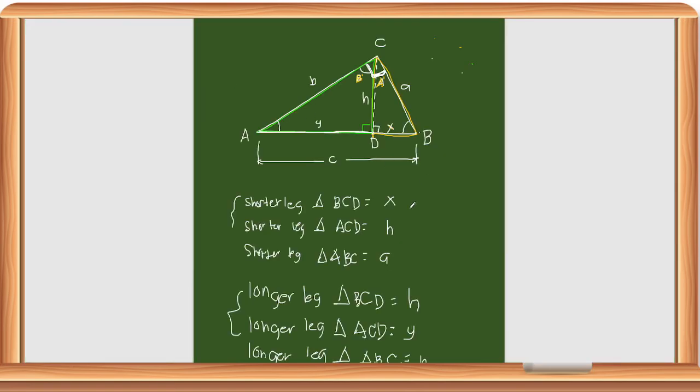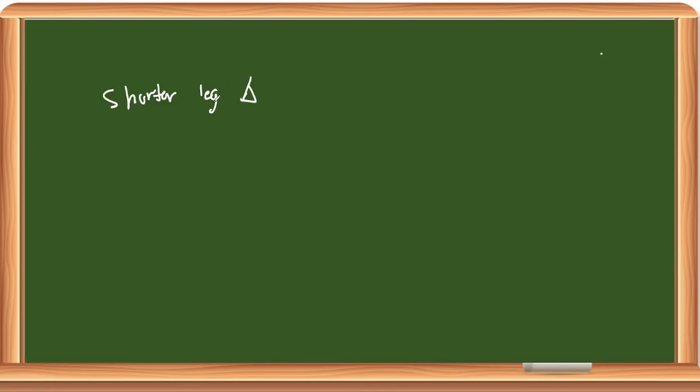let's have the ratio of the shorter leg of triangle BCD. Okay, we have BCD over the shorter leg ren.